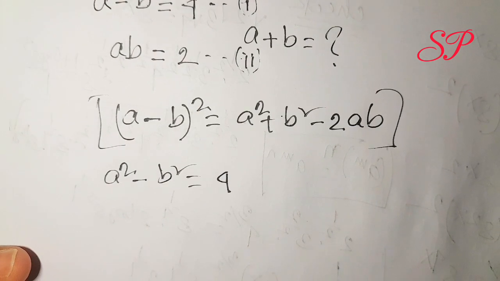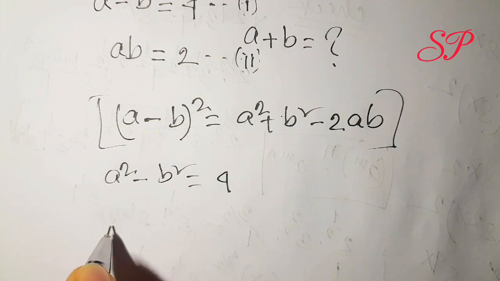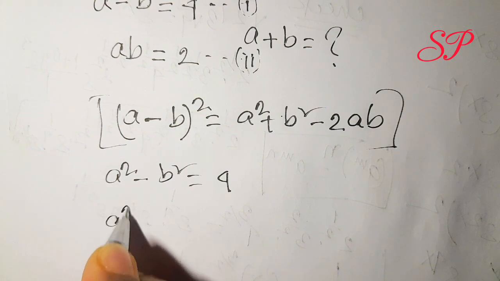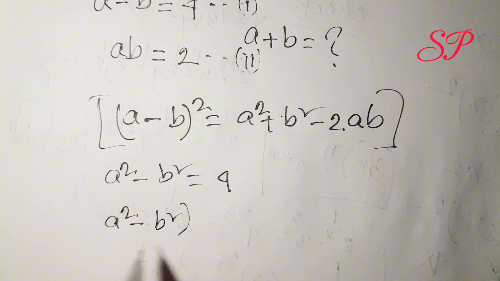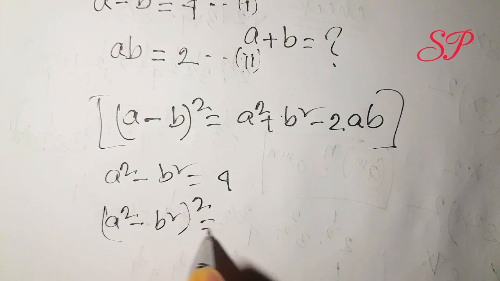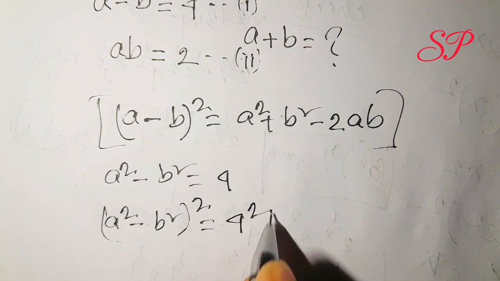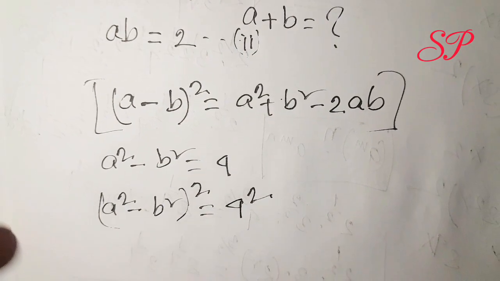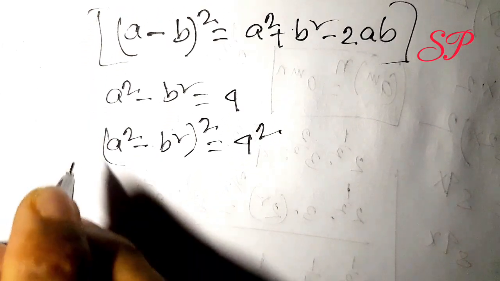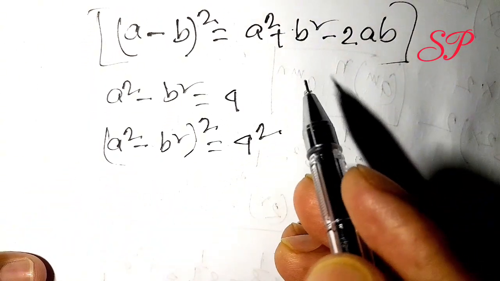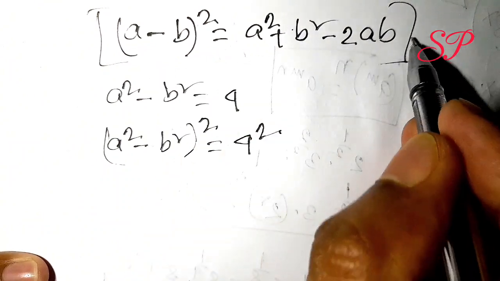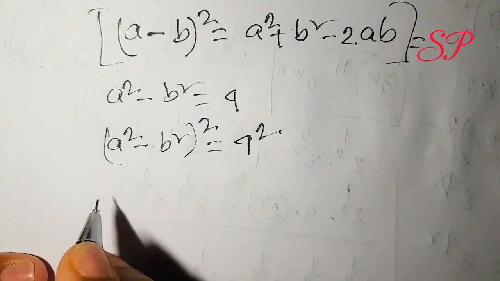Squaring both sides, we get a square minus b square all square is equal to 4 square. Here we use this formula.